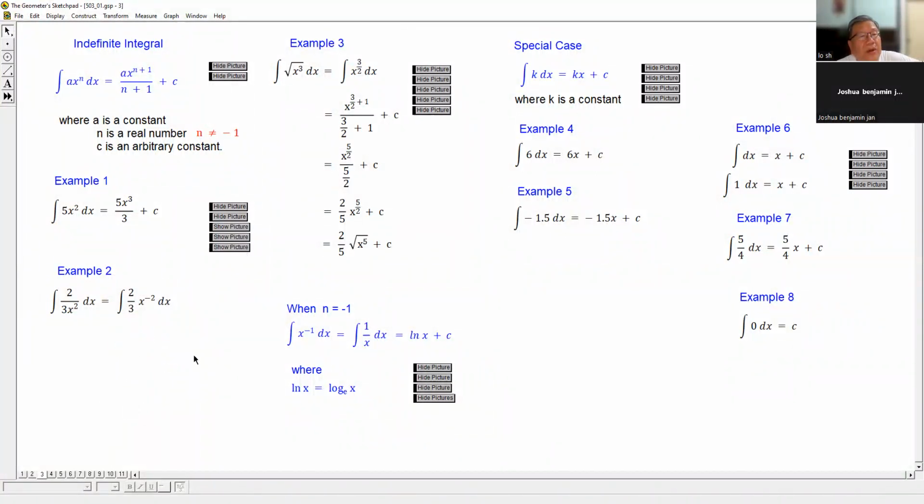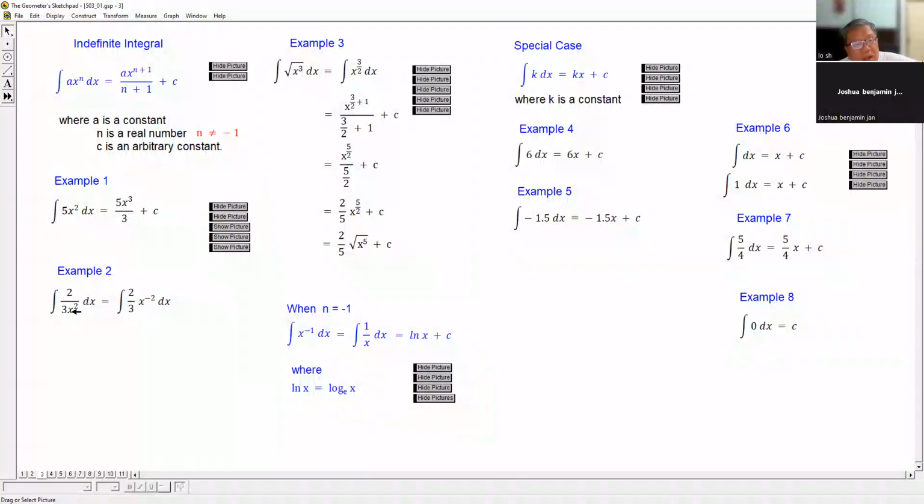So now I have shown you how to integrate the function where the index is a positive number. See here, the index is positive 2. Now, what happens if we have this type of function? 2 over 3x squared. Can I say square, we increase by 1, then become power of 3? No. Why?